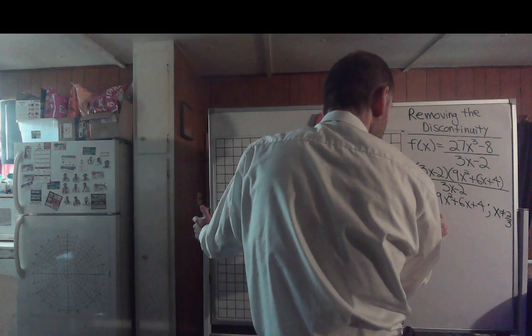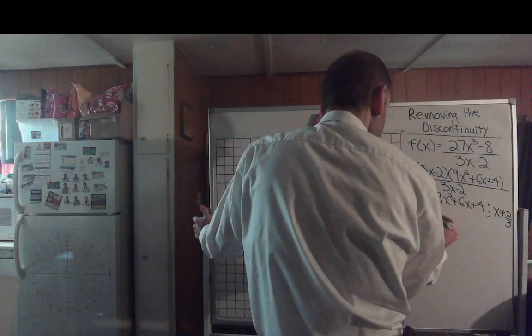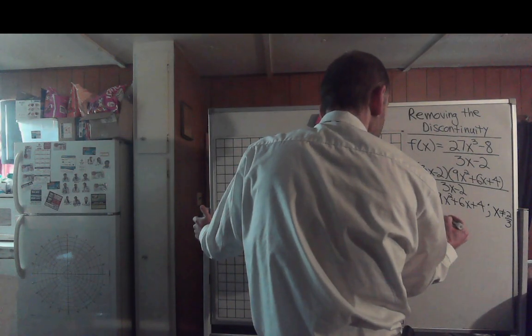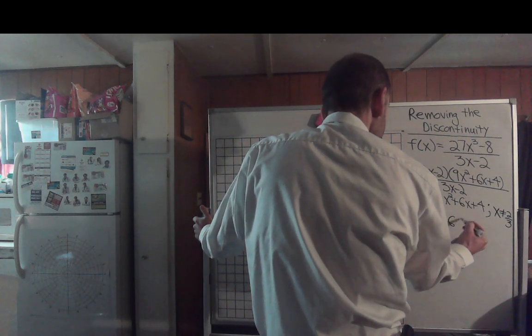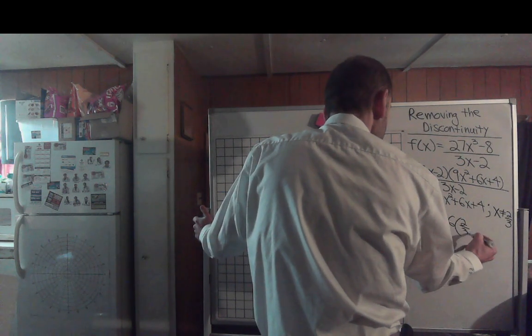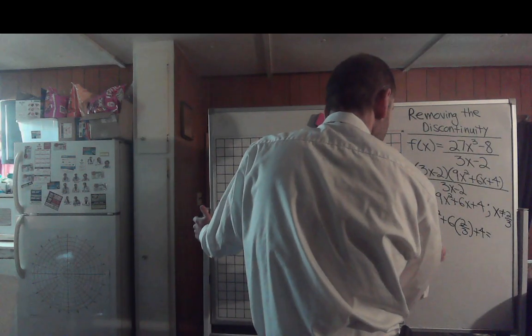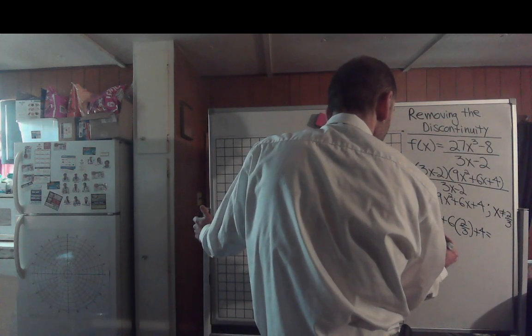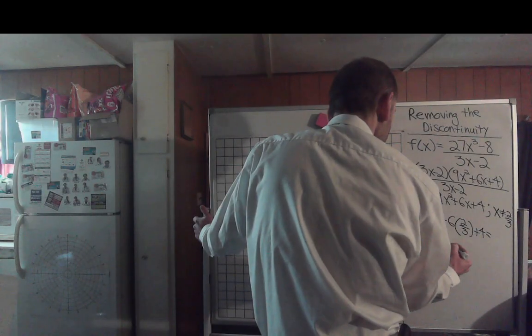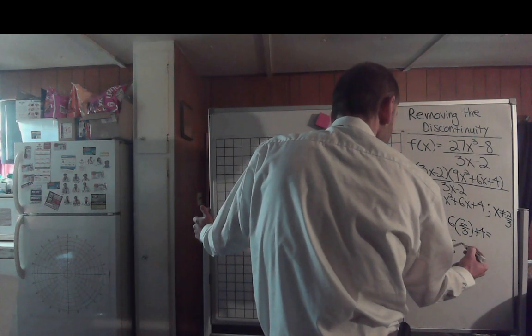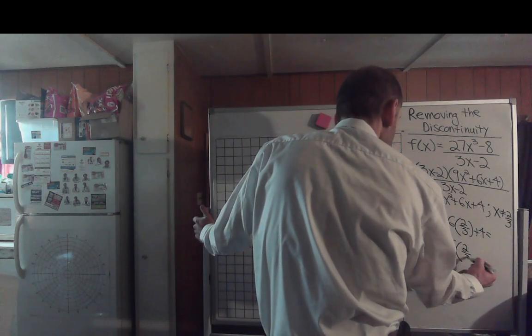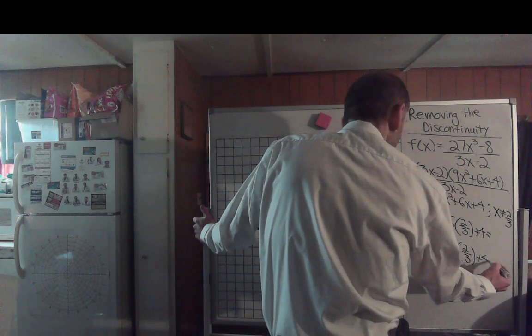If I take 9 times 2/3 squared plus 6 times 2/3 plus 4, well, that's going to give me 9 times 4 over 9 plus 6 times 2 over 3 plus 4.